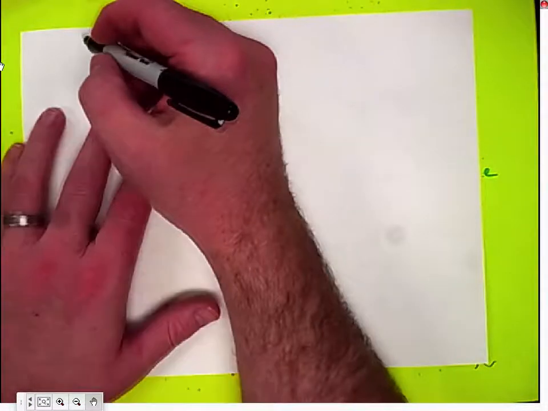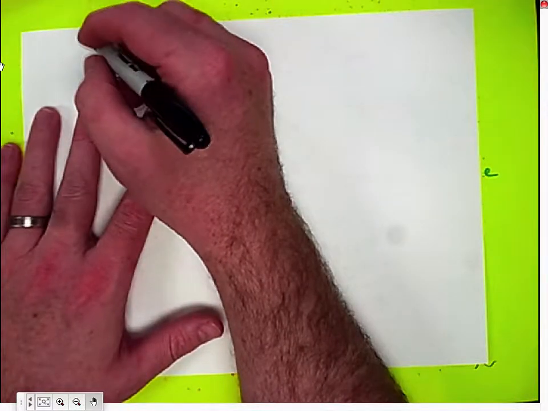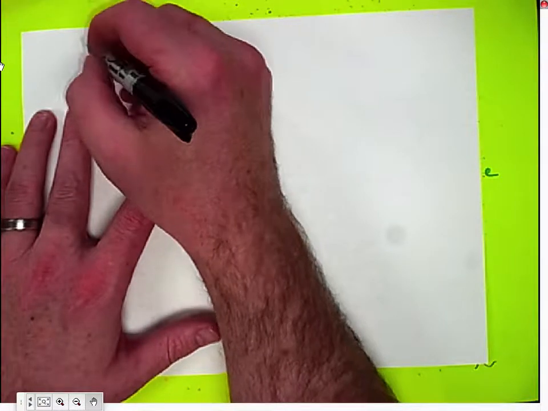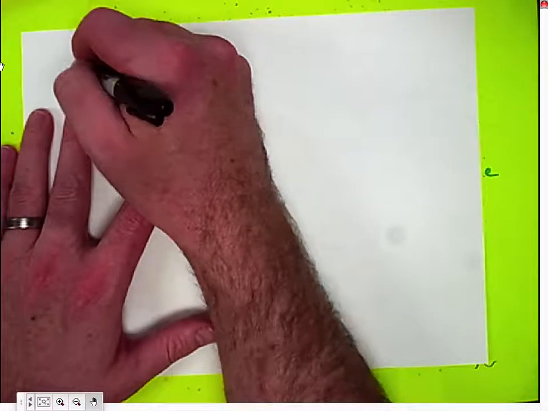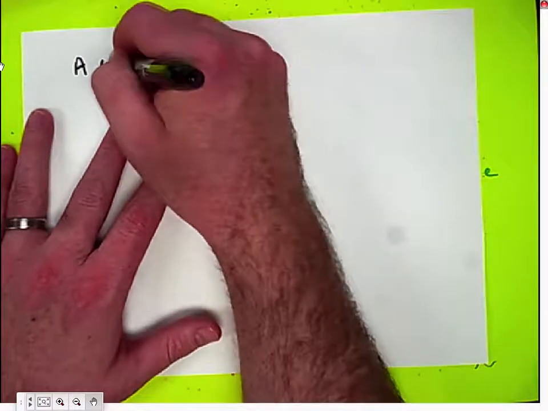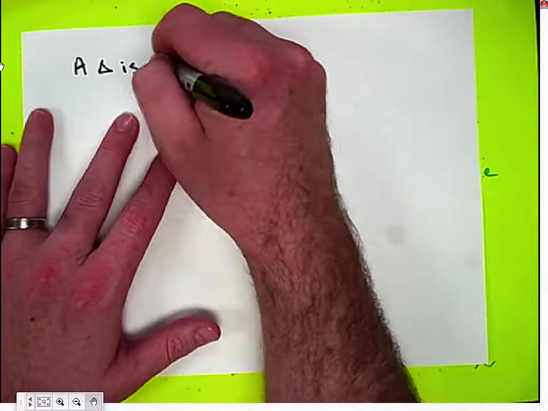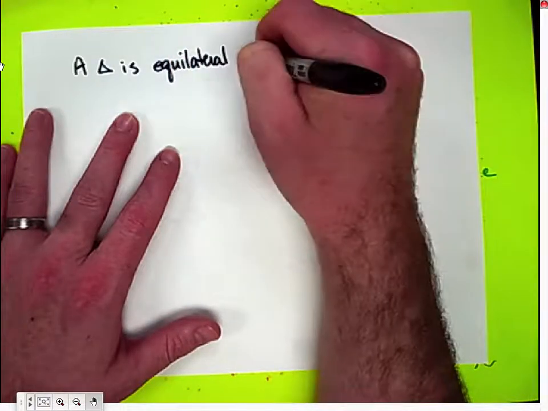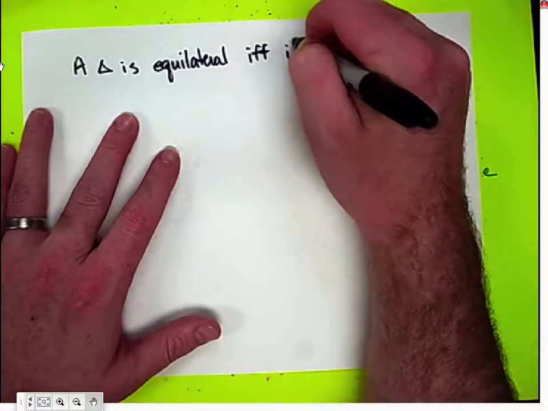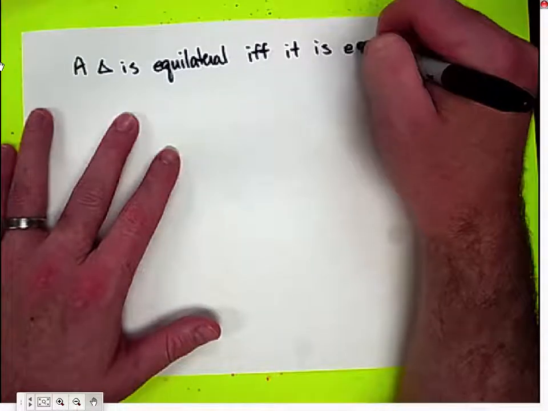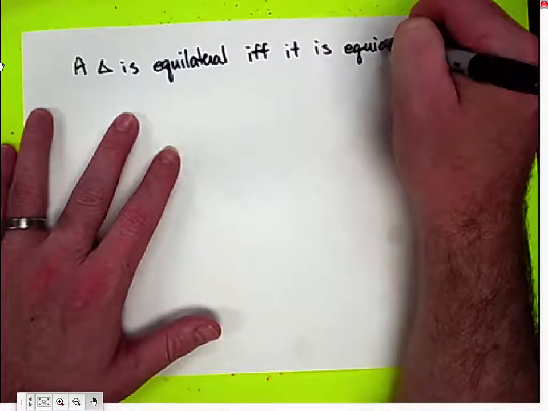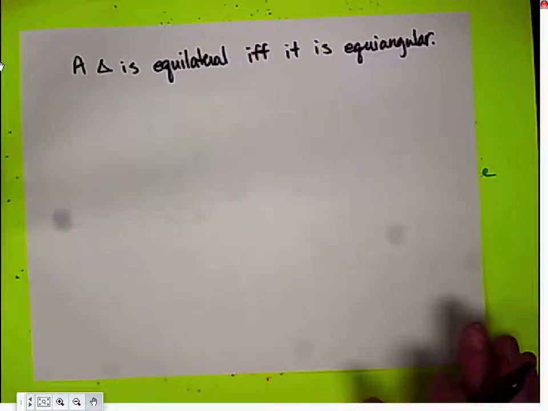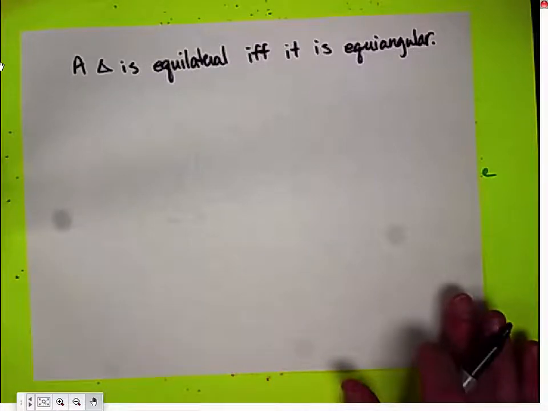So I'm going to prove both of them really quickly. The first one says a triangle is equilateral if and only if it is equiangular. Okay, so let's prove that.